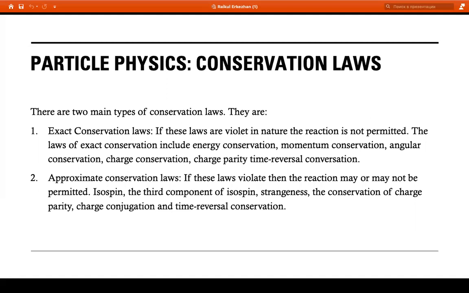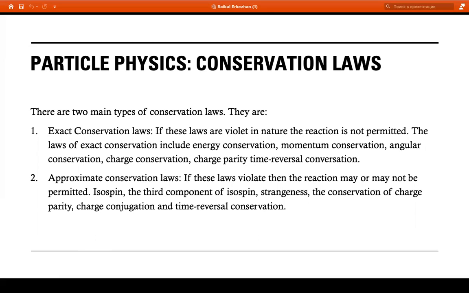Particle physics conservation laws are of two main types: exact conservation laws and approximate conservation laws. For exact conservation laws, if these laws are violated in nature, the reaction is not permitted.